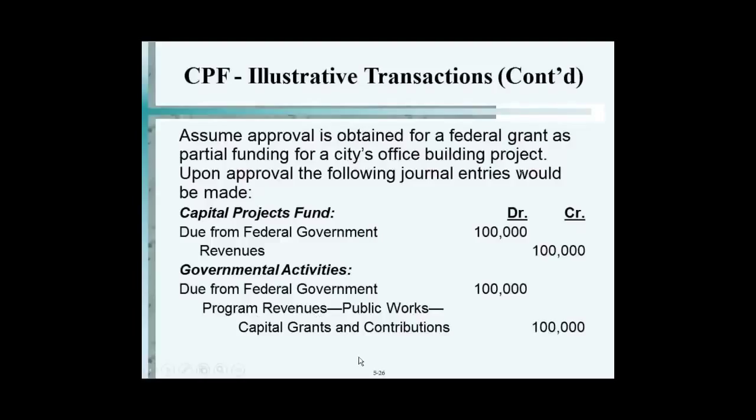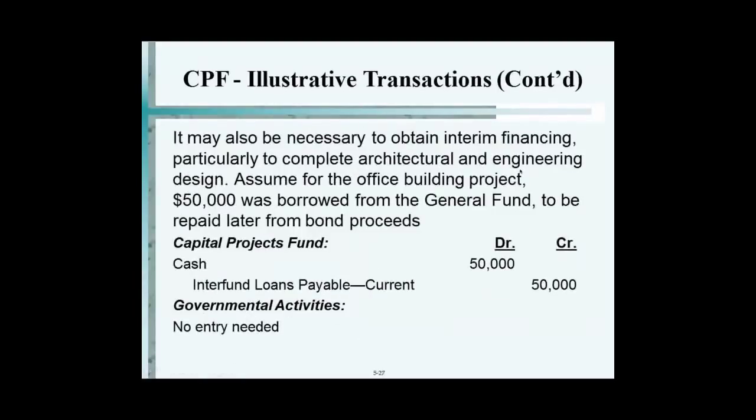They're getting a loan from the general fund for $50,000 instead of just a cash infusion. If it were just from the general fund without any obligation to pay, it would just show up as other financing source. And then you ask me, but wait a minute, we always thought that we didn't record liabilities. But you know what?